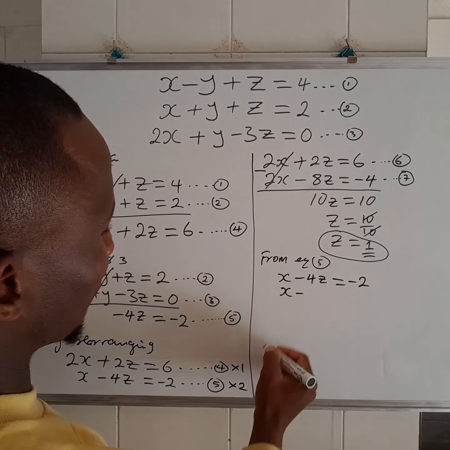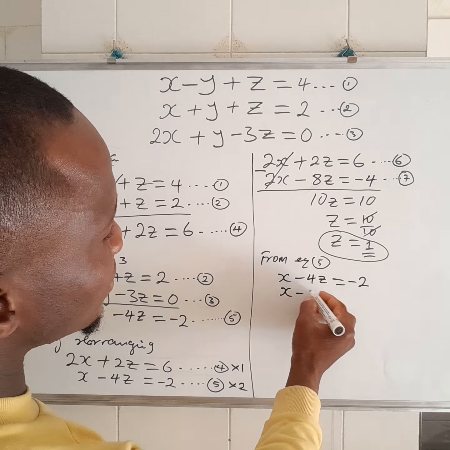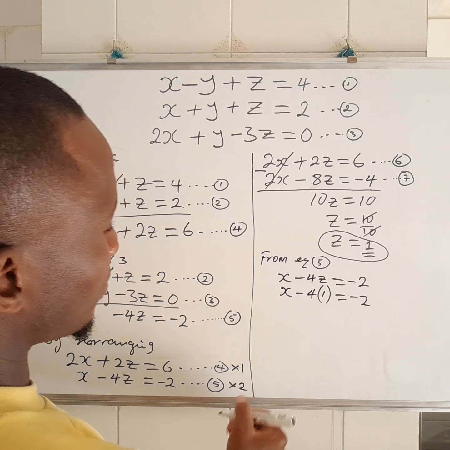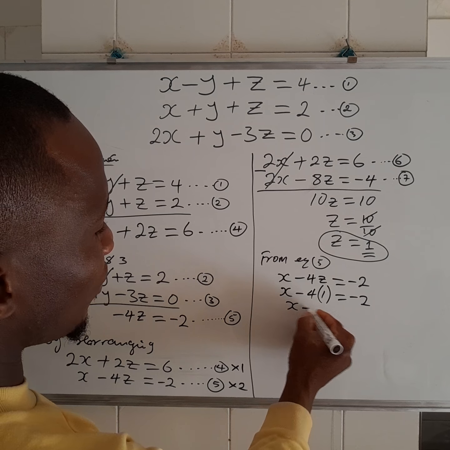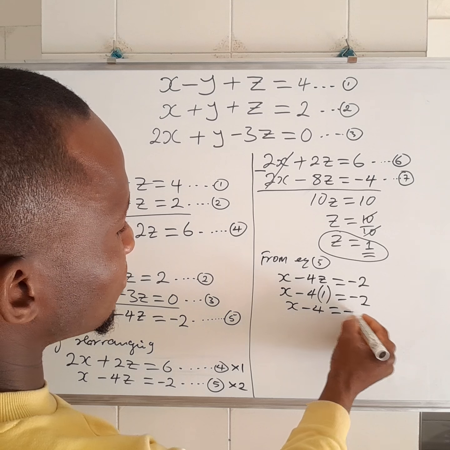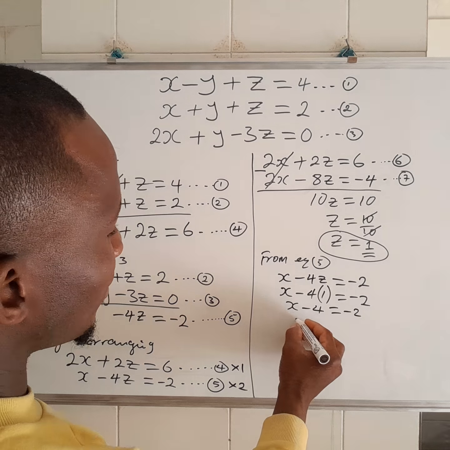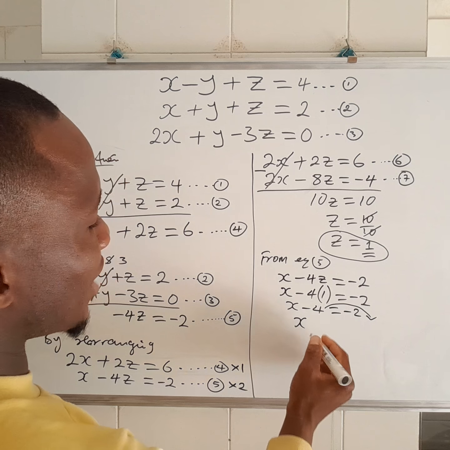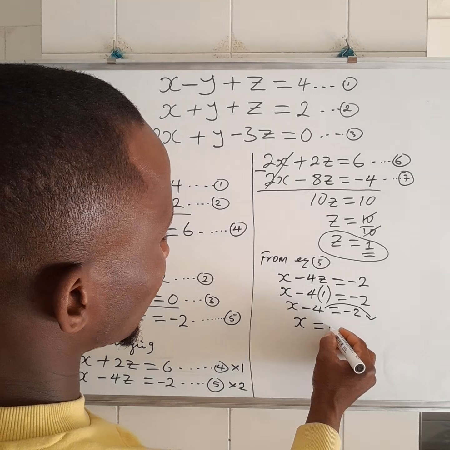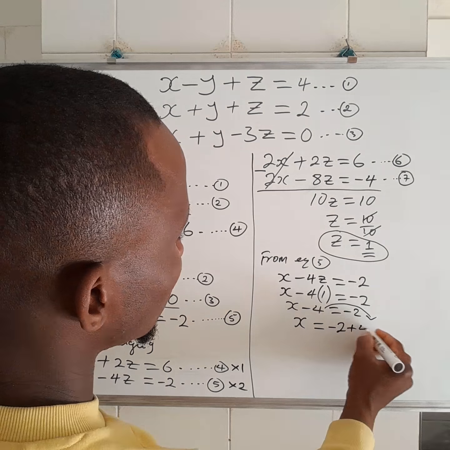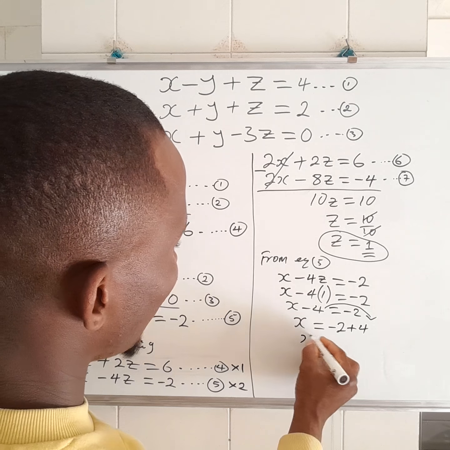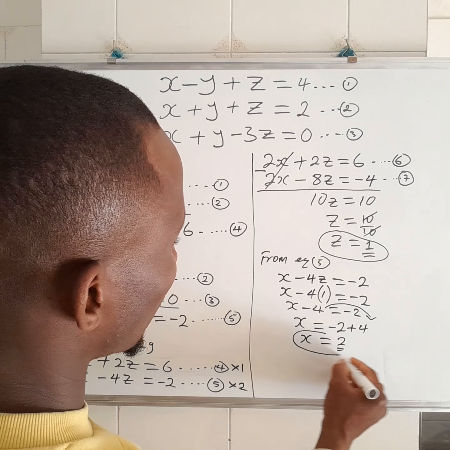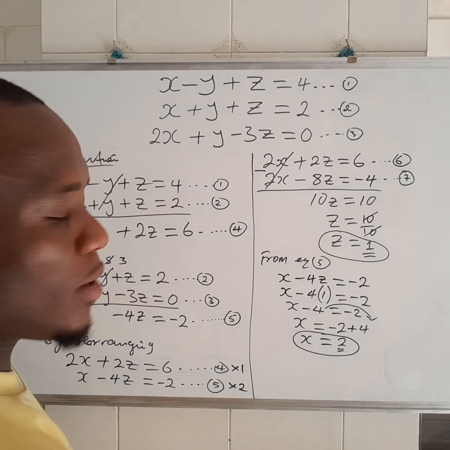We have x minus 4 into 1 equals minus 2. So when we multiply, we have x minus 4 equals minus 2. So we take this to the other side. This becomes x is equal to minus 2 plus 4. The value of x is equal to 2. So this is the second value of the unknowns.